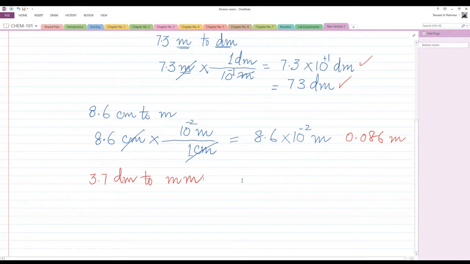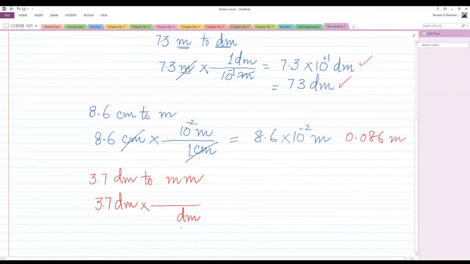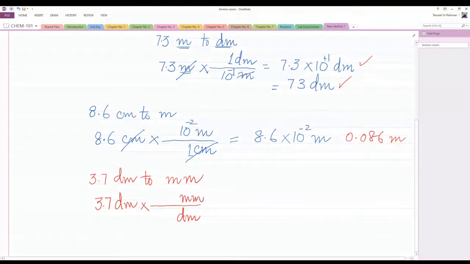Yes, boys. What is given? 3.7 decimeter. Multiply, divide. What will you write down? 1 decimeter. What will you write up? Millimeter.